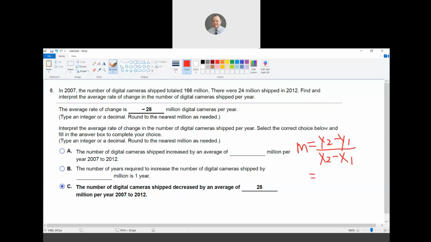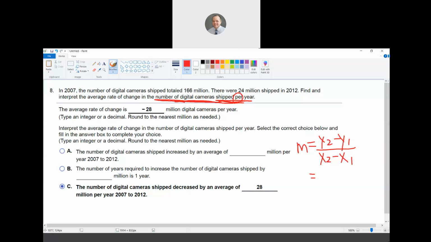Now, this is a question where we need to figure out which numbers are y's and which numbers are x's. Look at this part right here: number of digital cameras per year. The word per means division.